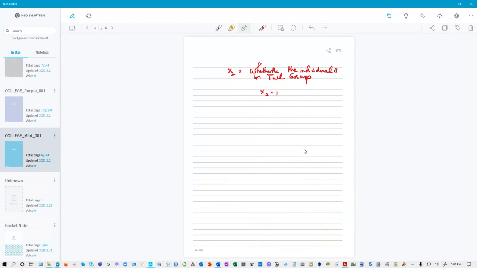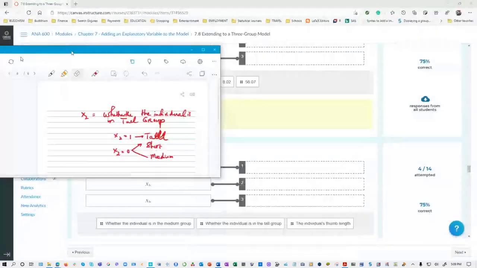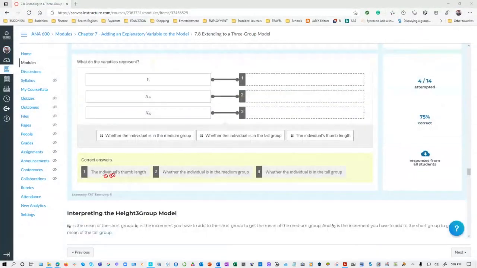That means X2 equals 1, tall group. But X2 equals 0 means maybe the short group or the medium group. We don't know. That's the idea. That's what they say here: the individual's thumb length, the individual is in the medium group.